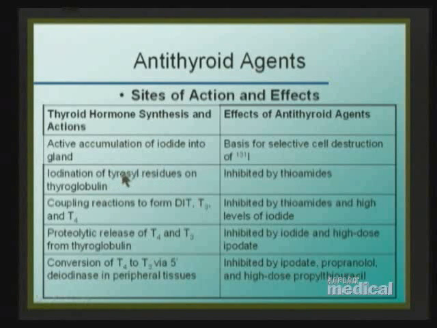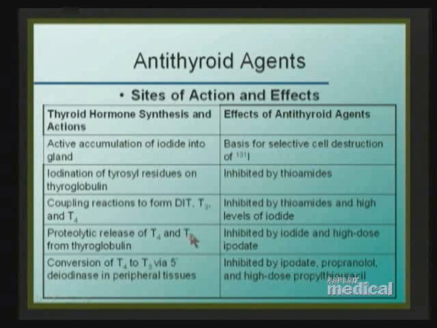Tyrosine is actually iodinated in iodotyrosines, and then coupling reactions form diiodo or triiodo or tetraiodothyronines. It is proteolysis that will release a majority of T4, about 75% if you want, and a little bit of T3, about 25%, from thyroglobulin when needed.